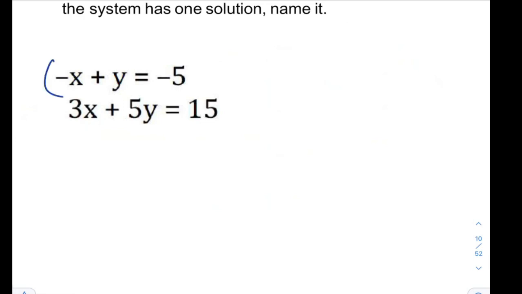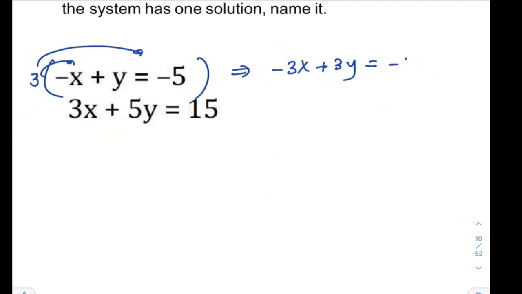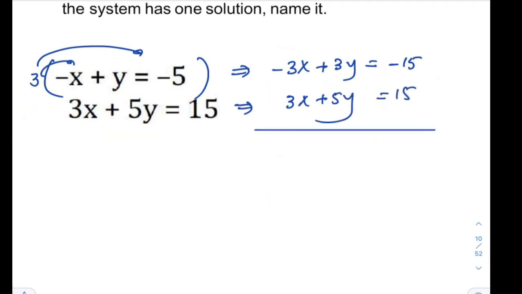If you multiply this equation by 3, this leads to negative 3x plus 3y. Remember, you need to distribute everything, equals negative 15. The second equation will go down as it is. What happened here? Easily, you can notice that this is negative 3x and this is 3x, so we will add to eliminate the x.